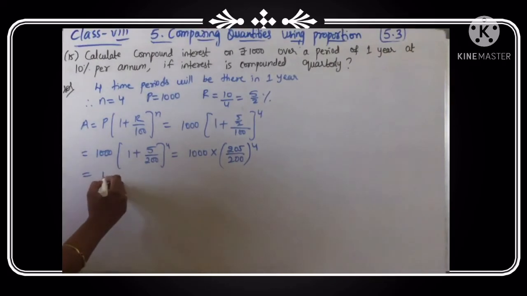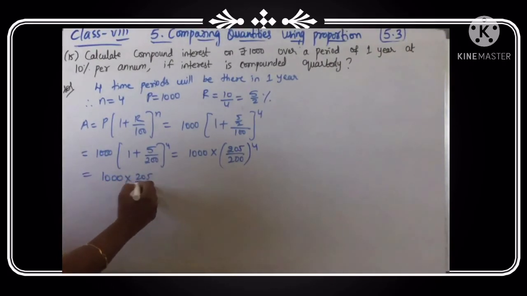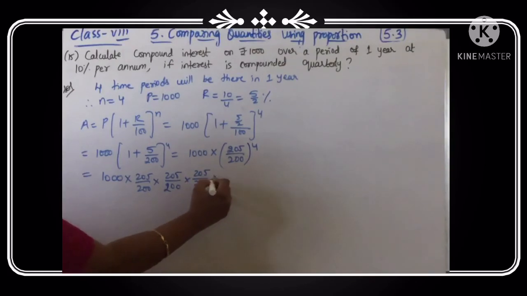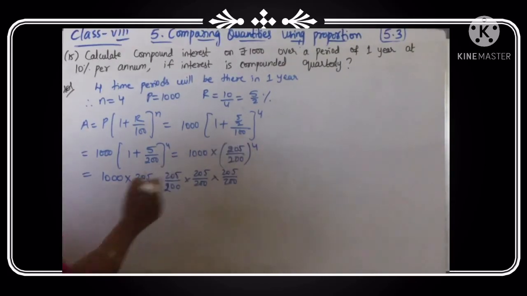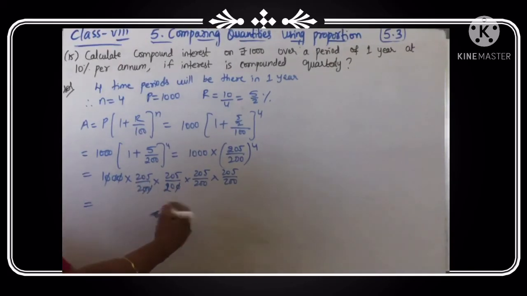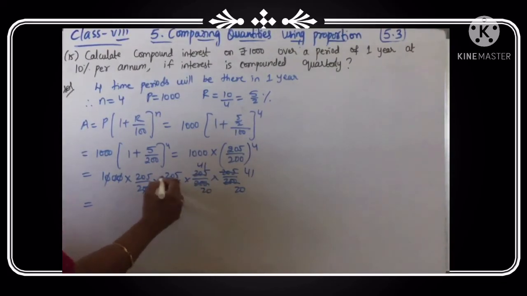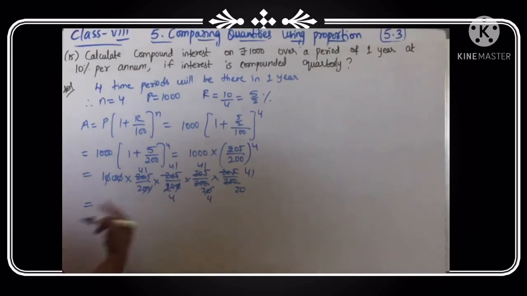Here you will get 1000 into 205 by 200 into 205 by 200 into 205 by 200 into 205 by 200, because the power is 4. Here the zeros get cancelled. Now here you can cancel with the 5 table also. So here no other cancellation.